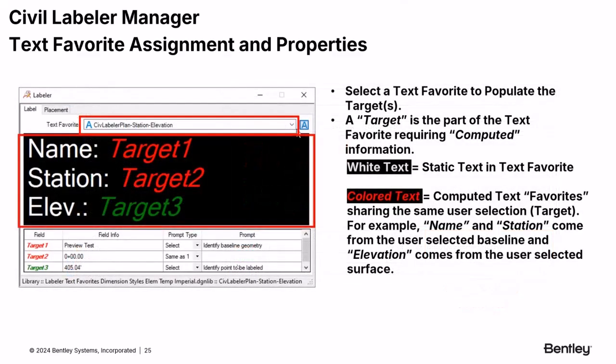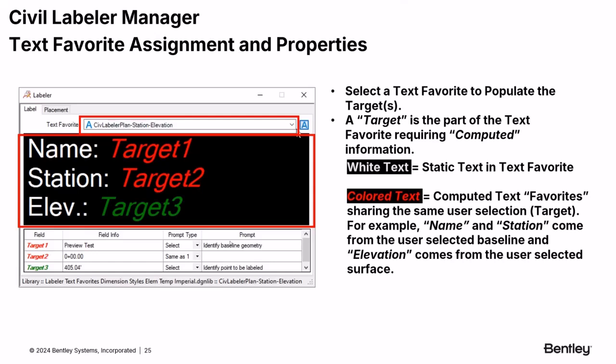So we'll break this down a little more in terms of the text favorite and the fields here. Oftentimes the naming, like target 1 and 2, can be confusing because they might be related to the same element. But again, the way that I look at it is from the top down: the text favorite, a preview of that text favorite, and then the respective fields associated to those. So in this example, the white text coming from the text favorite is static.